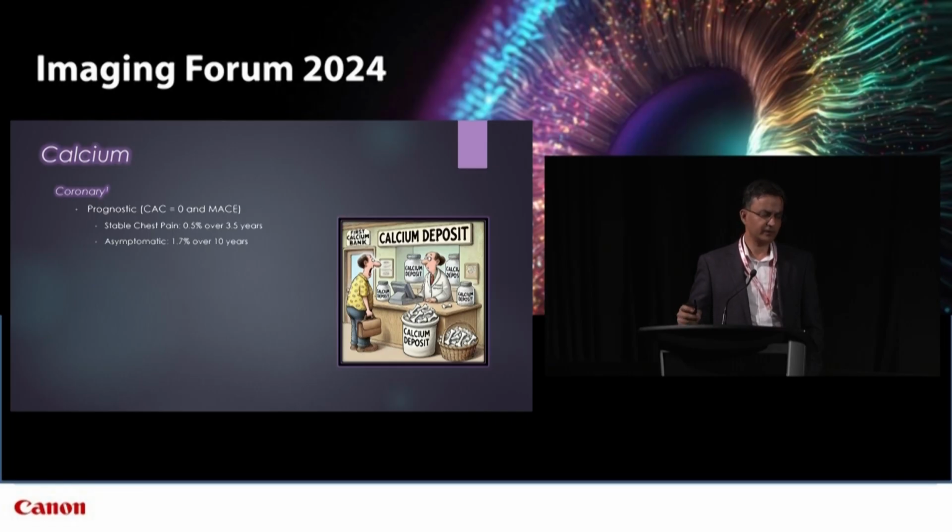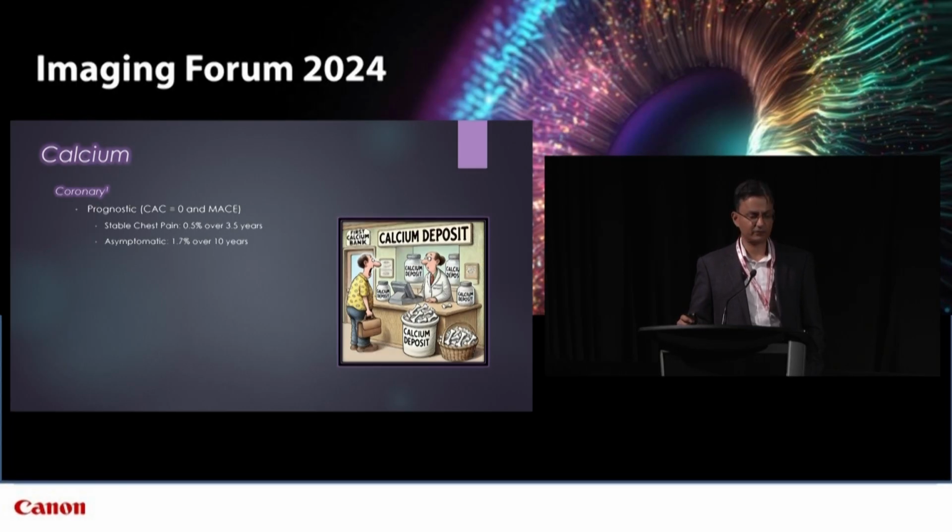But the really critical point is, on the one end of the scale, if you have a calcium score of 0, your statistical risk of a major adverse cardiac event, that's cardiovascular death, non-fatal MI, non-fatal stroke, based on whether you're symptomatic or not: if you have stable chest pain, there's some data suggesting about 0.5% over 3.5 years, and 1.7% over 10 years if you're asymptomatic.